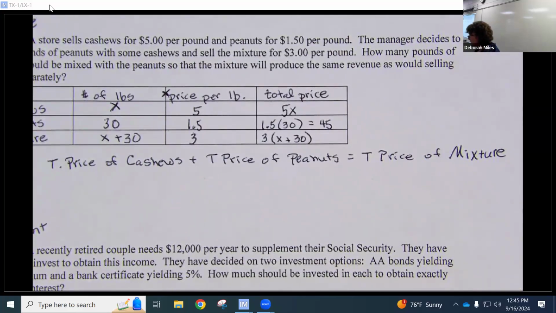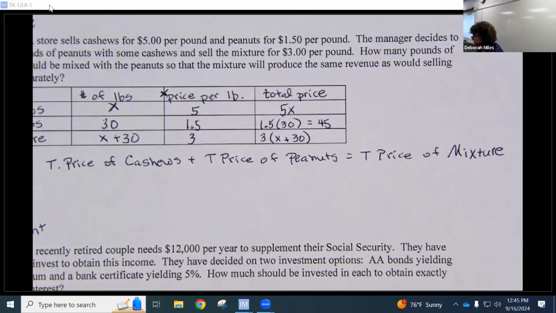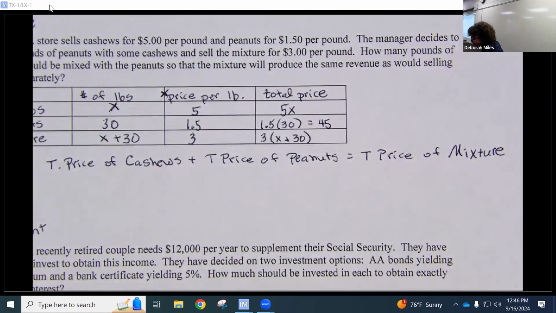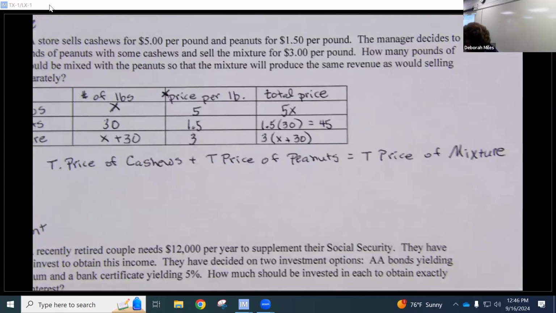Whether you're in Miss Miles' college algebra class or Miss Sexton's anatomy class or Kroger or Walmart. Does that sentence make sense? Yeah. The cost of the cashews plus the cost of the peanuts is the cost of the mixture.